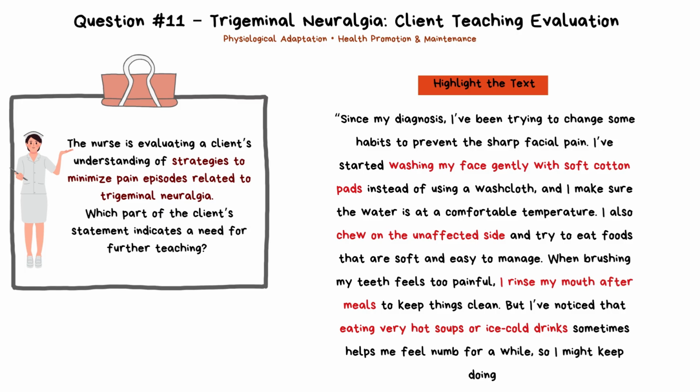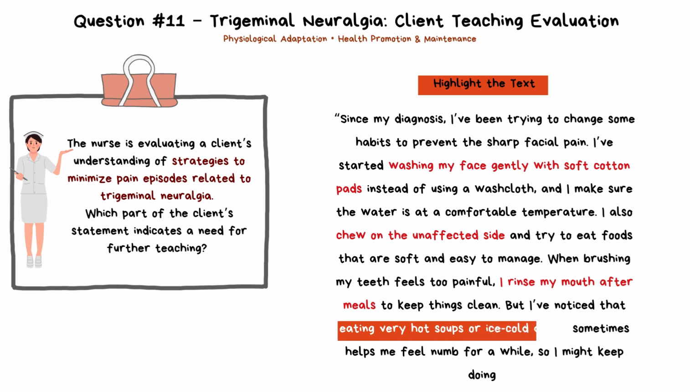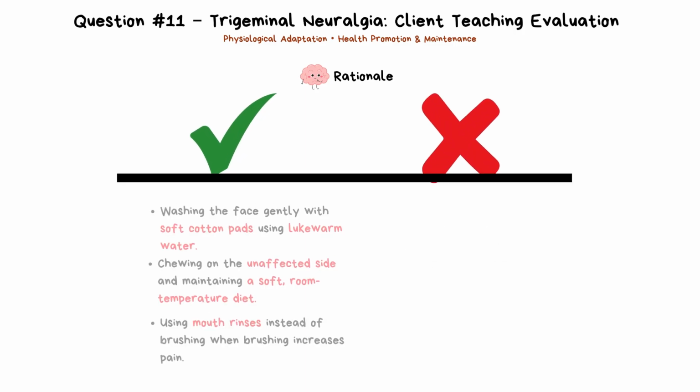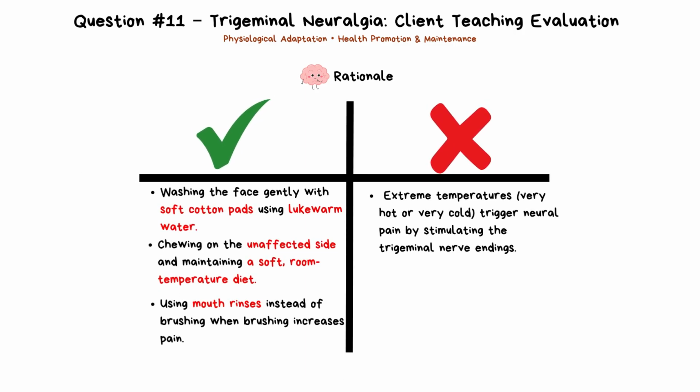Take a second. Which part of this statement indicates a need for further teaching? If you highlighted eating very hot soups or ice-cold drinks, that's correct. Here's why. Extreme temperatures, whether very hot or very cold, can actually trigger trigeminal pain by irritating nerve endings.